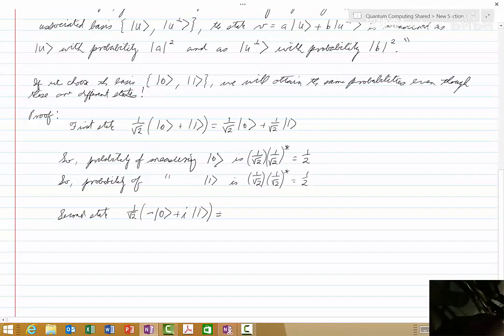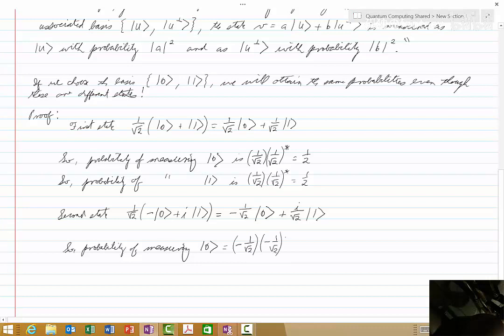And when we write that in terms of the 0 ket and the 1 ket, we get minus 1 over square root of 2 times the 0 ket plus i over the square root of 2 times the 1 ket. So the probability of measuring the 0 ket is now, this time we take this coefficient times its complex conjugate, so we have minus 1 over square root of 2 times minus 1 over square root of 2 complex conjugate.